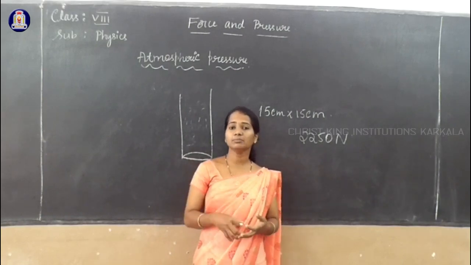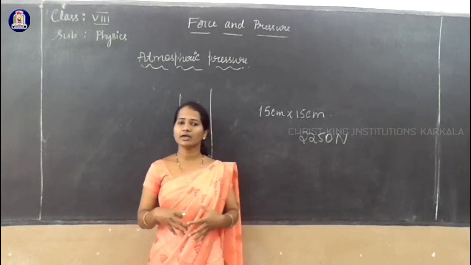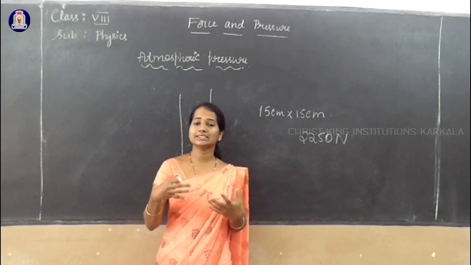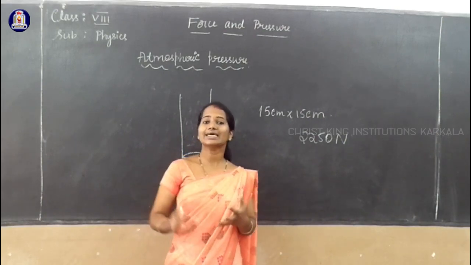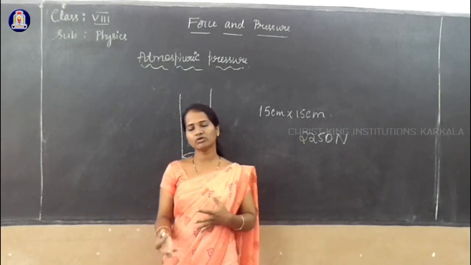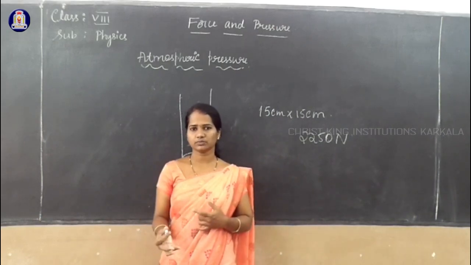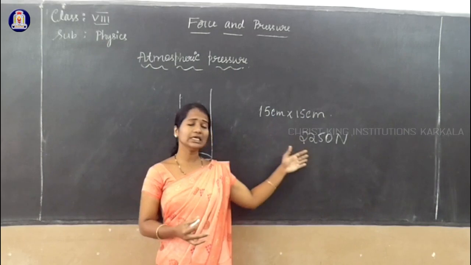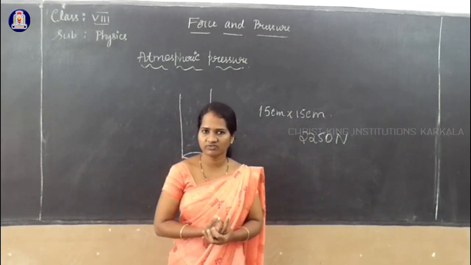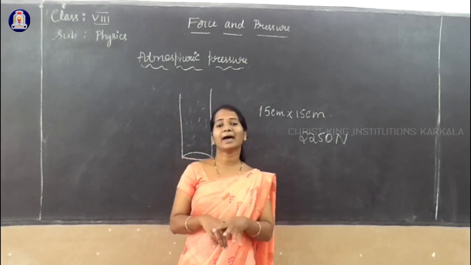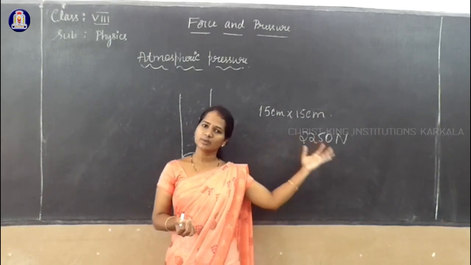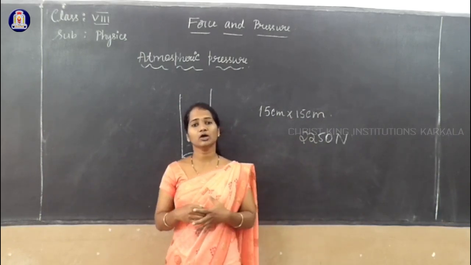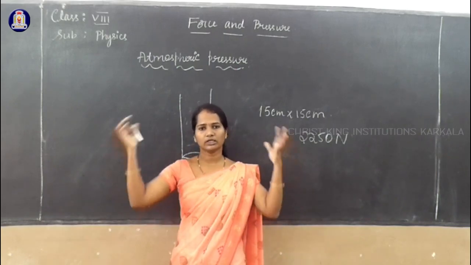Because at the same time, pressure is also exerted from inside our body. This pressure is equal and opposite to the atmospheric pressure, so they get balanced. Because of this, we are not crushed even though this much pressure is exerted on our body or on our head.